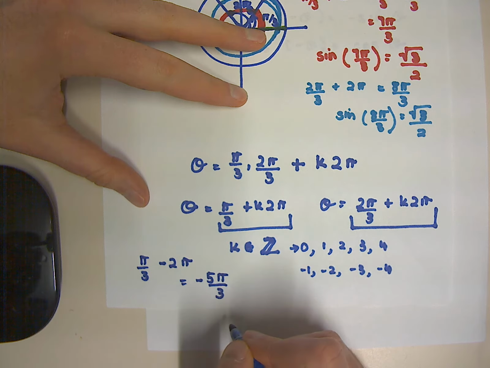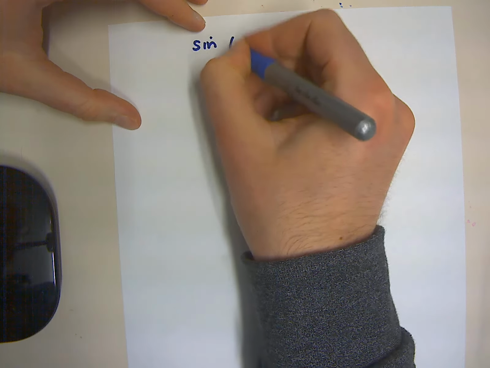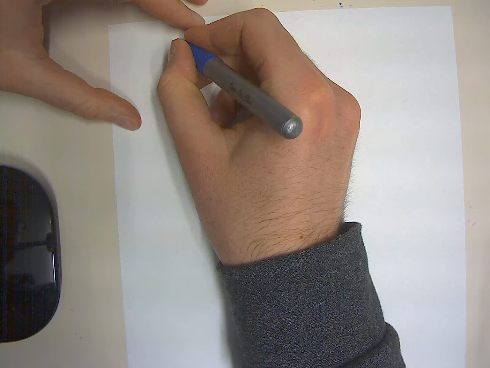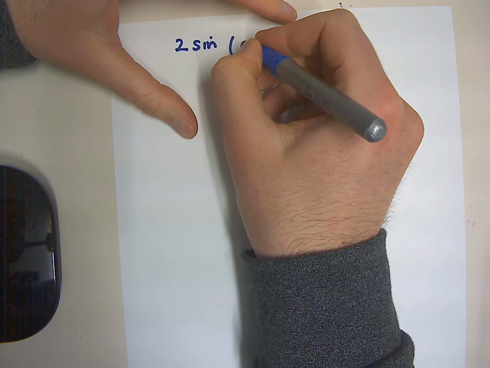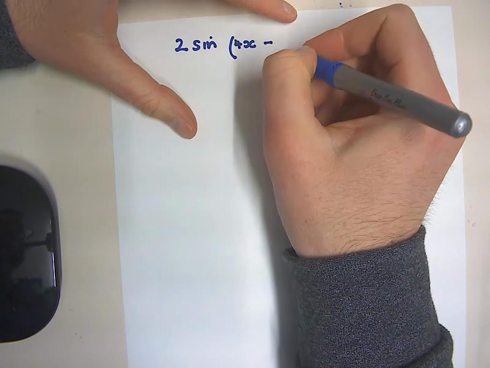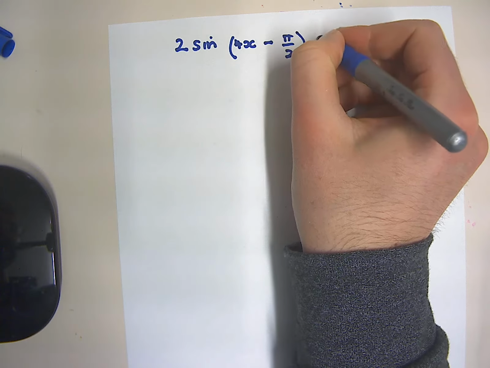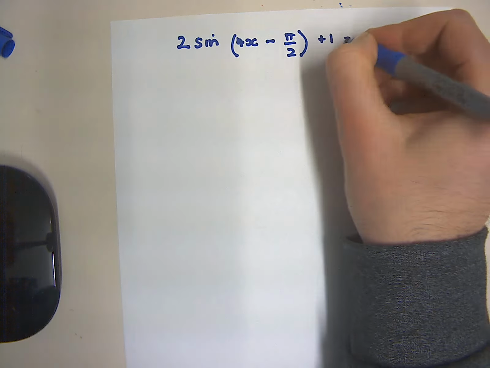Okay. Now, I'm sure you're aware that they do get a lot harder than this. And so probably the hardest they get is ones like this. 2 sine, let's make it 4x, take, I don't know, pi on 2, plus 1 equals 0.